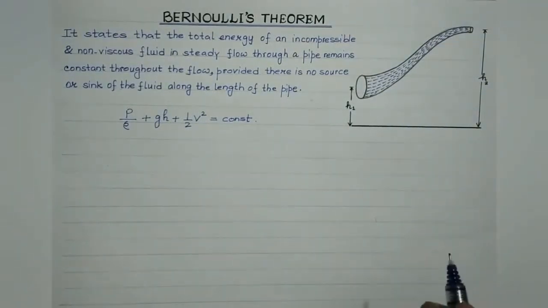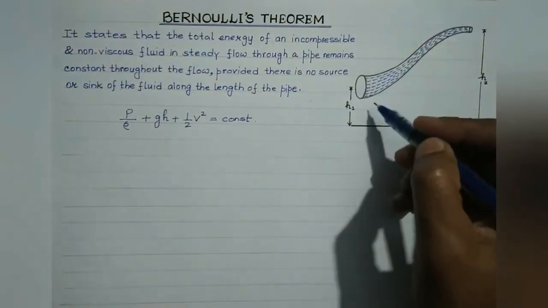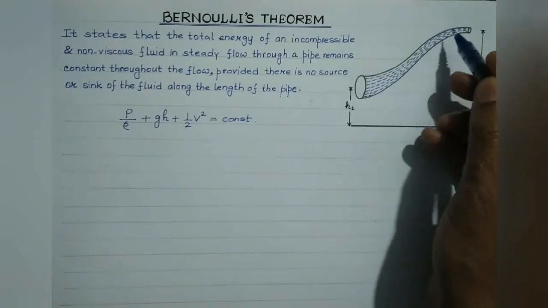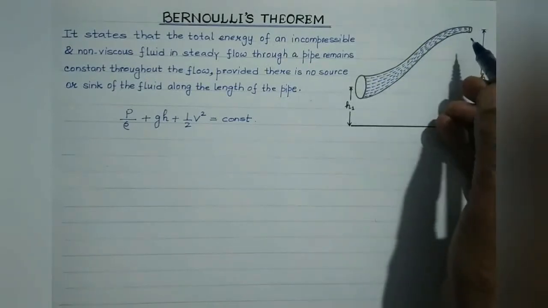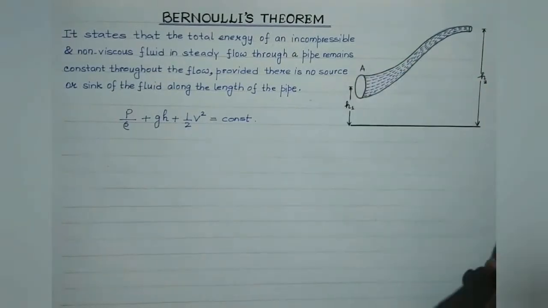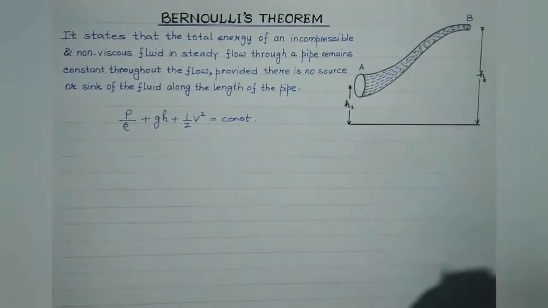So students, in order to verify this particular statement, let us assume a liquid flowing through a pipe of varying cross-section area as shown in the figure, right? Suppose this is end A of the pipe, and this is end B of the pipe.